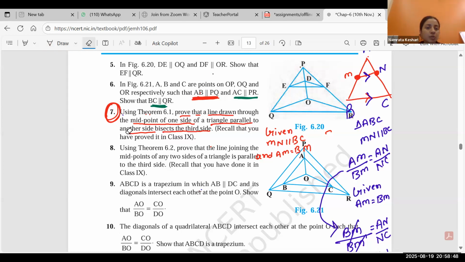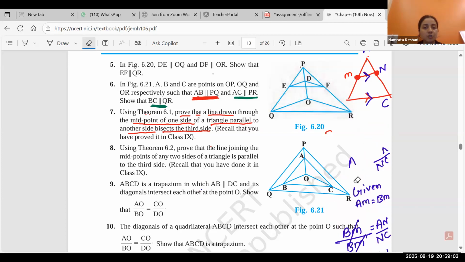Let's move to question number 8. Now read question number 8. It says using theorem 6.2. Theorem 6.2 over here is the converse of the basic proportionality theorem, which says if the ratio is the same, then the line must be parallel.